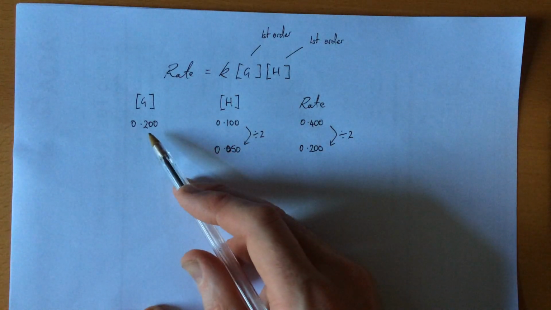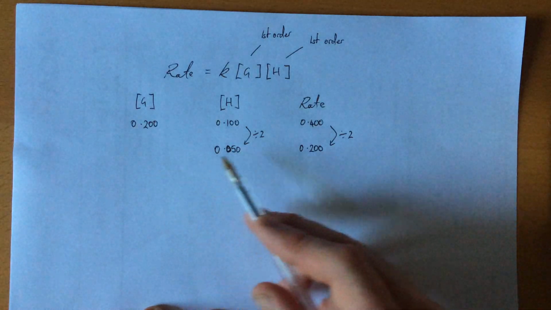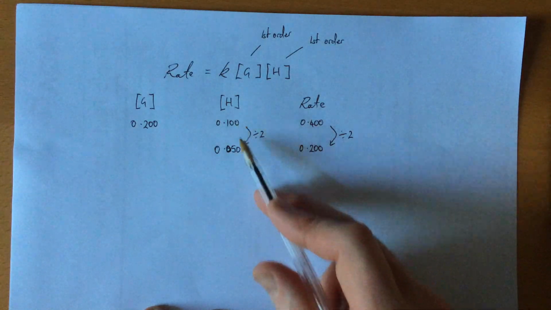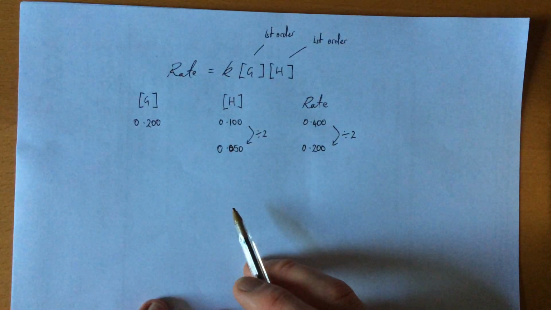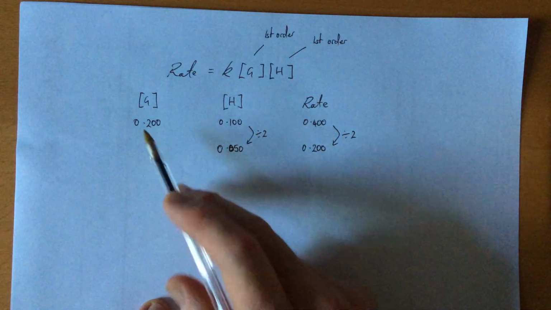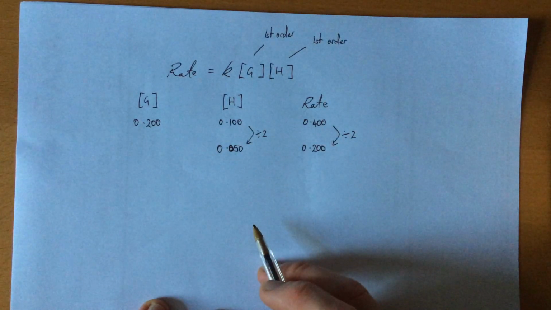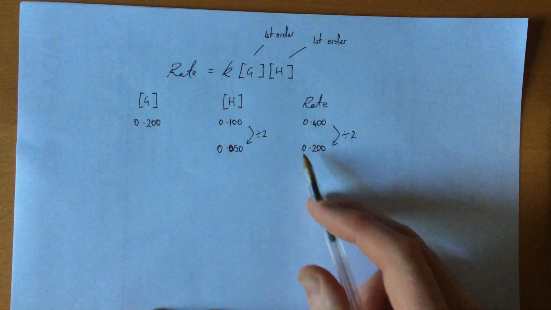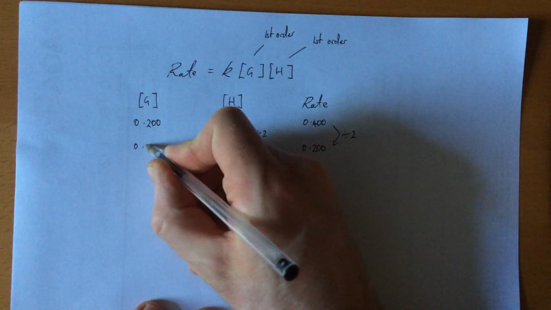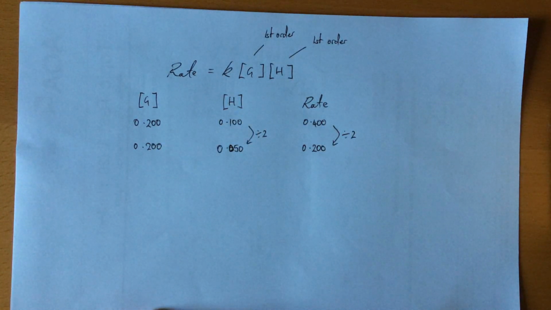But what we need to work out is the concentration of G. Now, all of the change of the rate has been accounted for by the change in concentration of H. So if we were to change G, because it's first order, if we were to double it or halve it, that would affect the rate. But the rate has already been accounted for by the change in the concentration of H. So that means that the concentration of G must be unchanged. It must be staying the same.